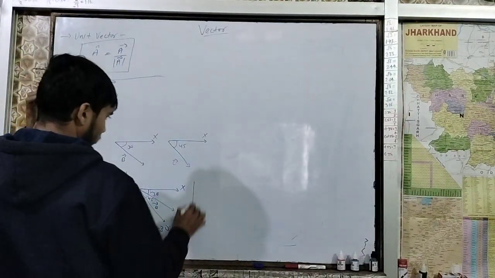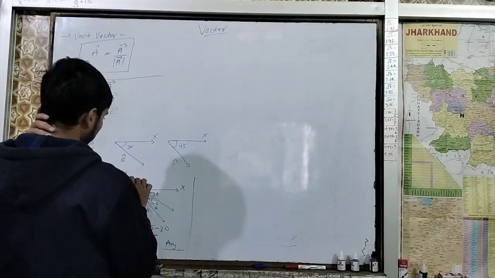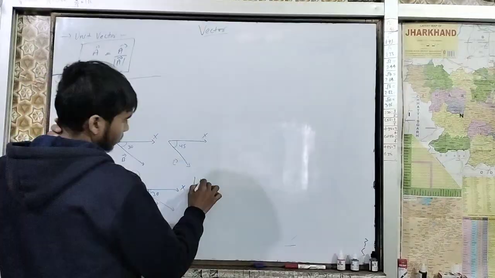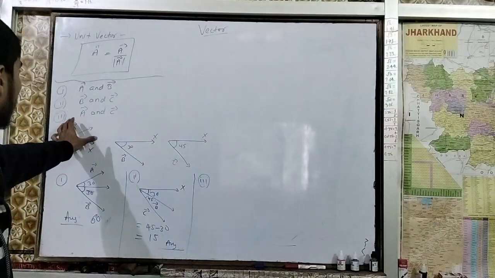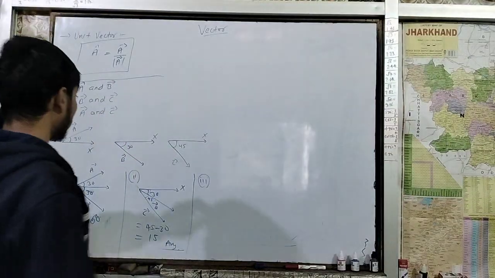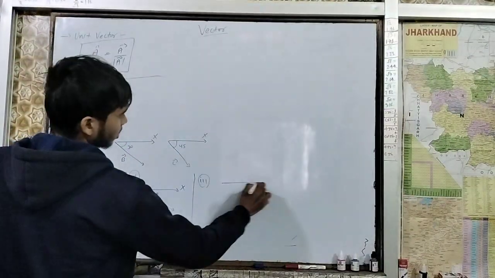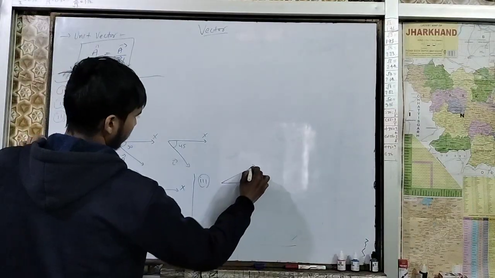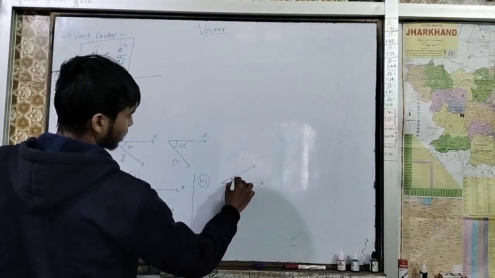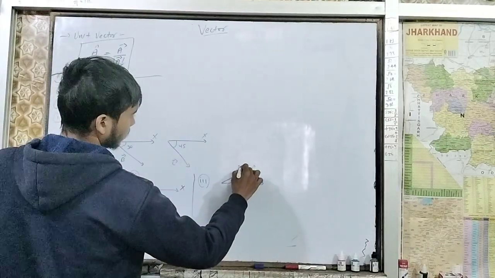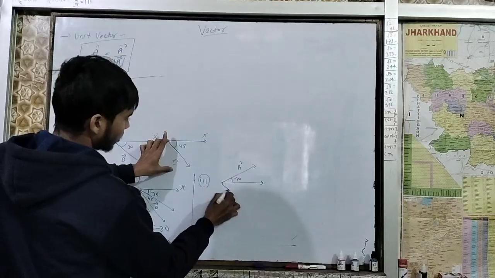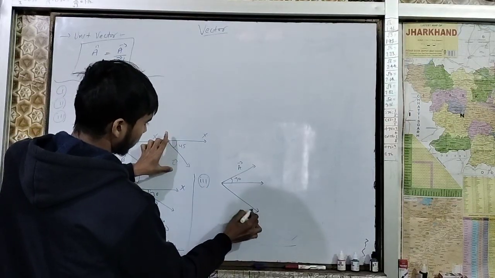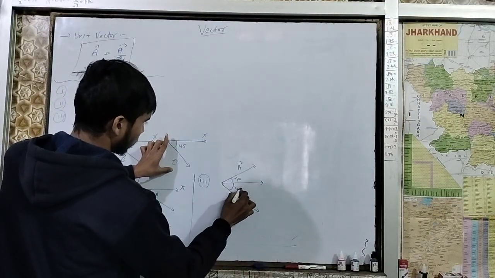Now, C is asking about the A vector and C vector. So A is over here, this is A, at 30 degree. A vector, got it. And this is C, which is making 45 degree from the x coordinate.